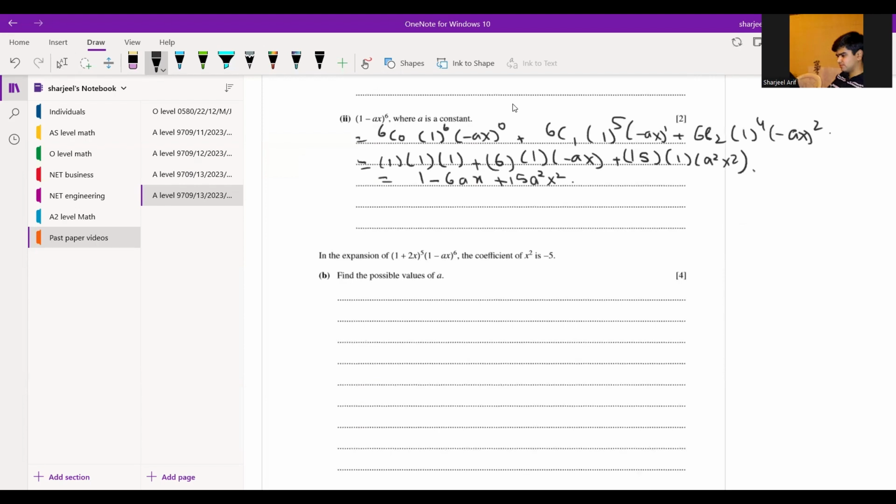Okay, for part B, the expansion of these two, the coefficient of x² is -5. So we will write the expanded version here.